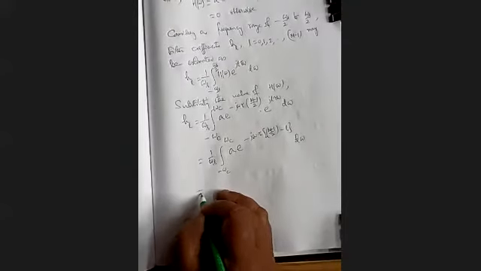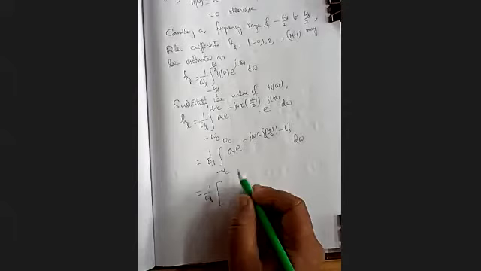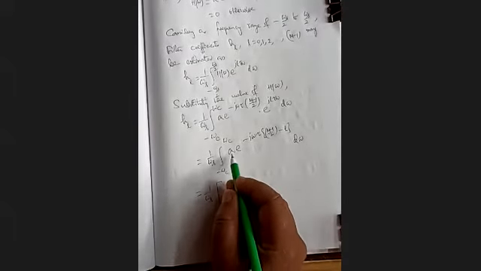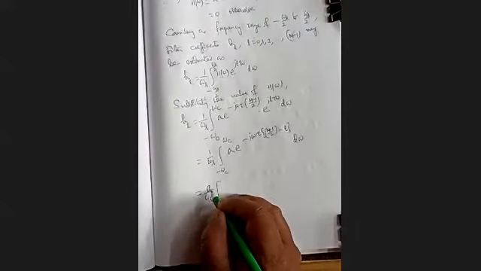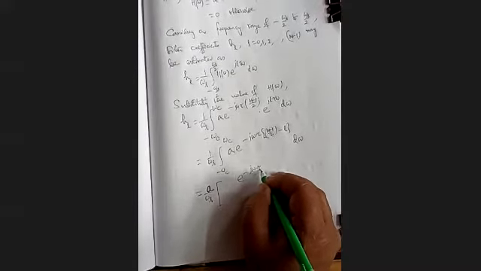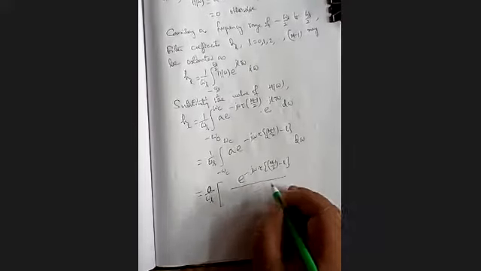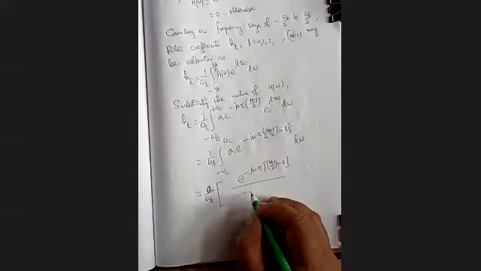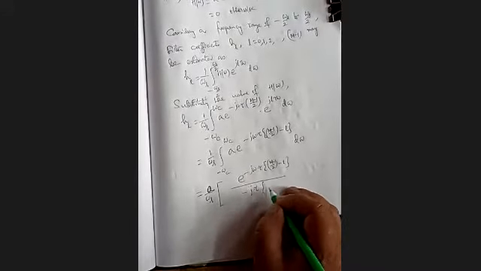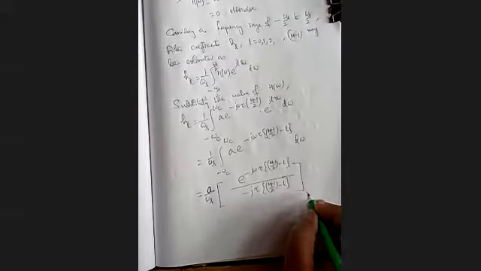So easy integration. Better I take A outside. Then its integration is e to the power minus j omega tau m minus 1 by 2 minus L, divided by minus j tau, from minus omega c to plus omega c.